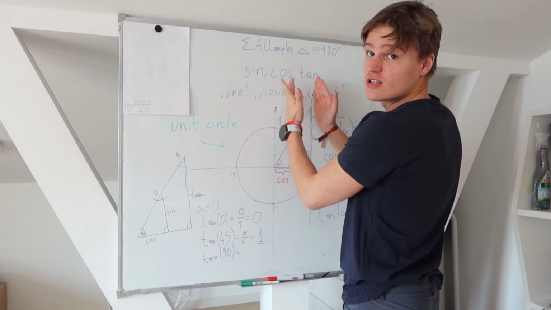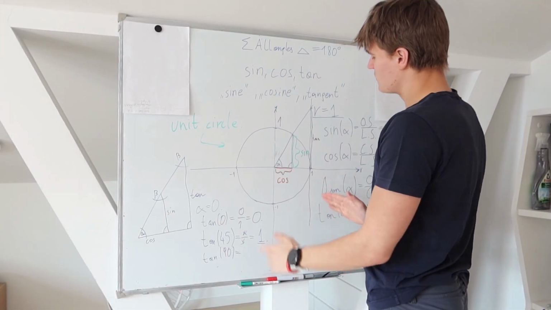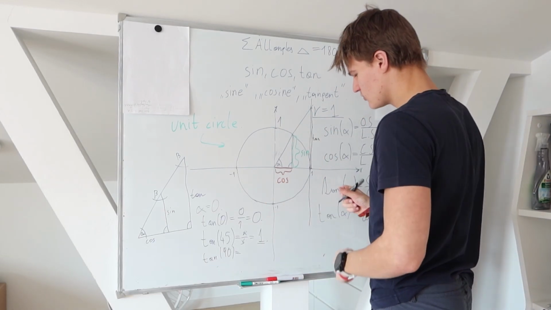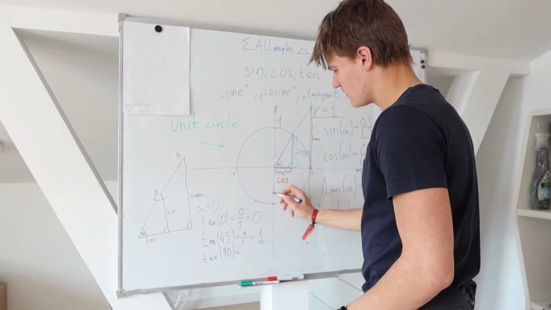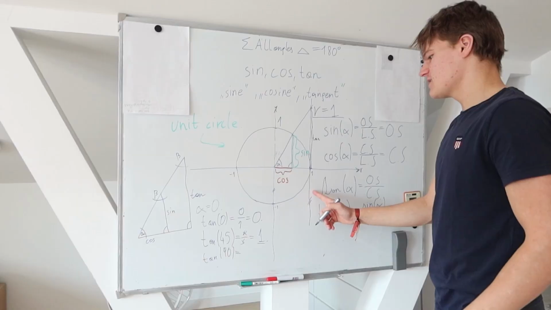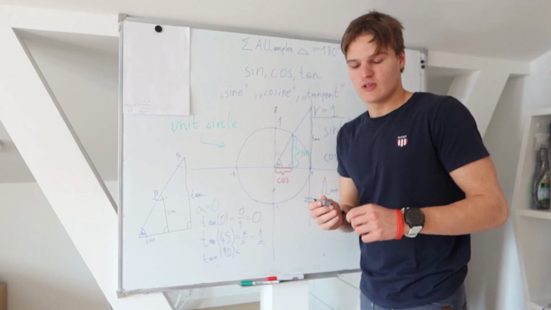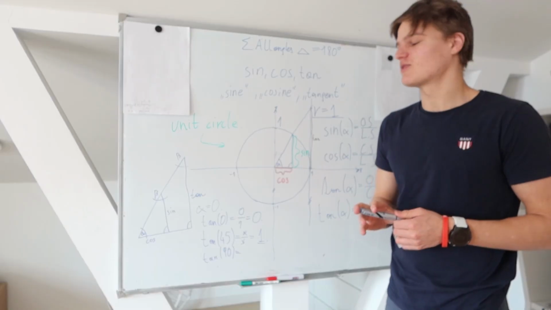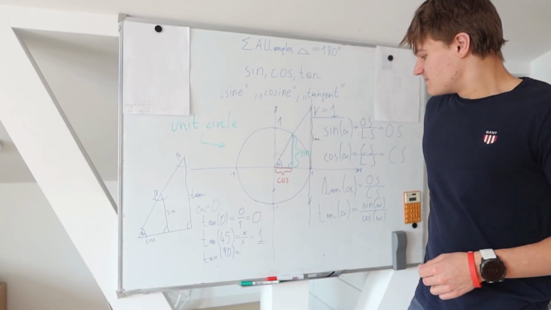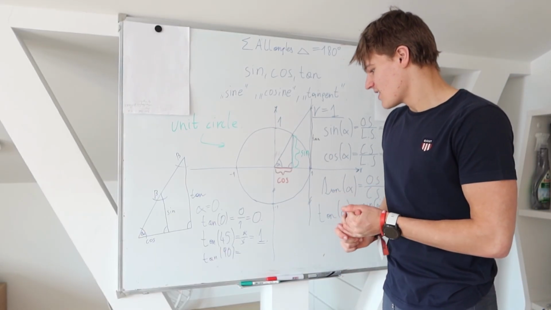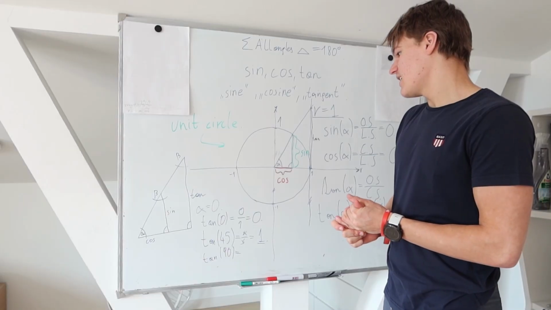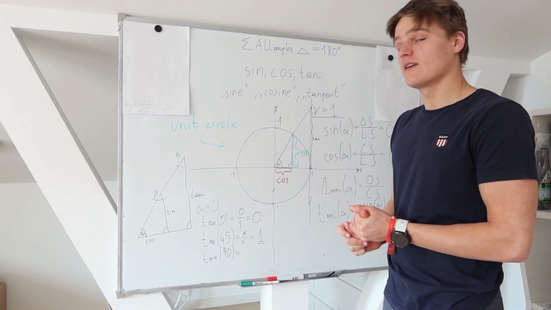Is there an intersection? And the answer is no, because these two lines are parallel. The y-axis and this line are parallel, which means they will never intersect, at least not in two-dimensional space. In three-dimensional space, they will intersect. Anyways, they are parallel lines, so they won't intersect.